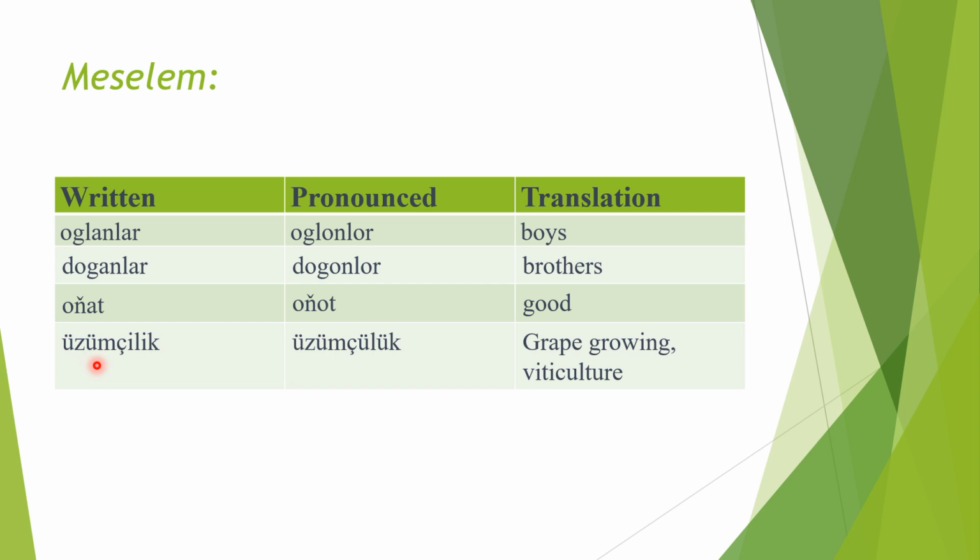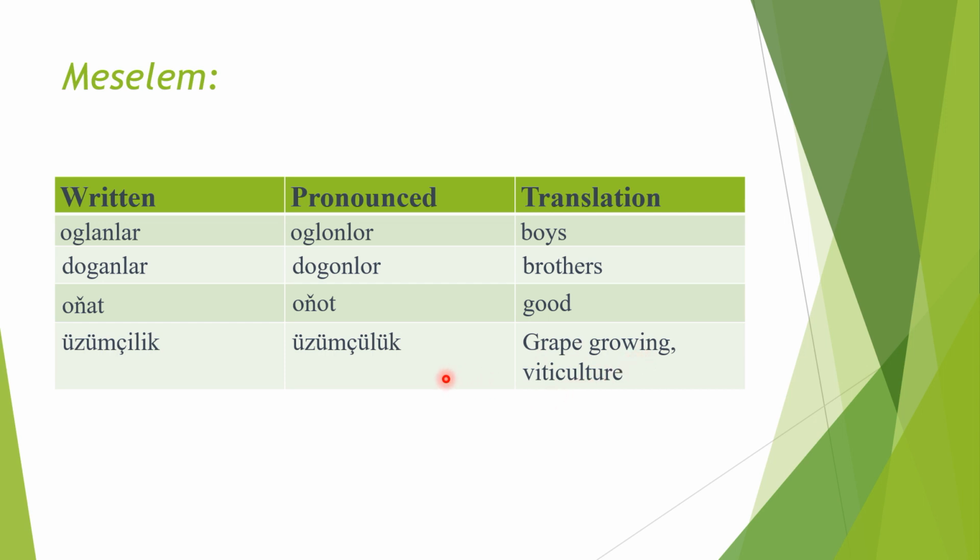So with üzümçilik, we need to change the position of our lips, and it's maybe not easy. So üzümçülük goes more smoothly. Üzümçülük is grape growing, or viticulture.